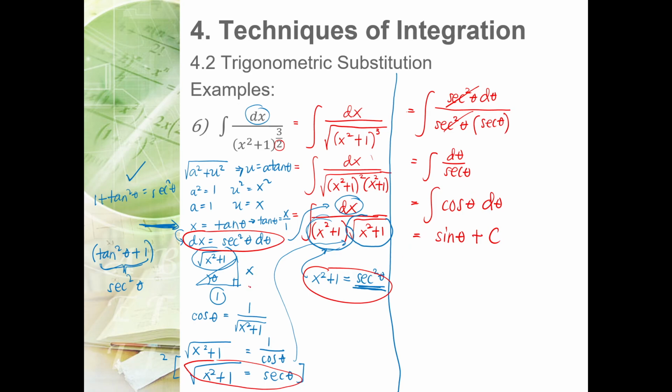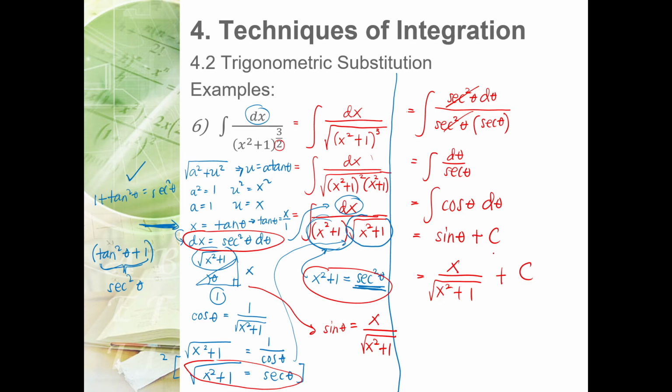So again, coming from the triangle here, sine theta is equal to the opposite side, that's the x parameter. The hypotenuse is the square root of x squared plus 1. So the final answer is x all over the square root of x squared plus 1 plus c.